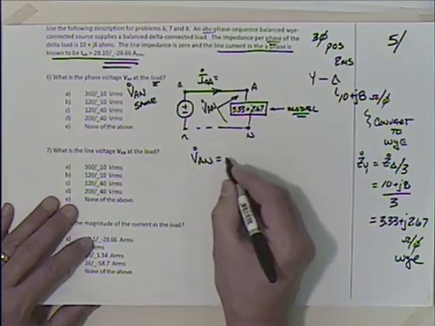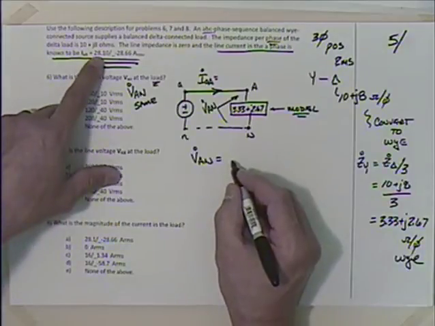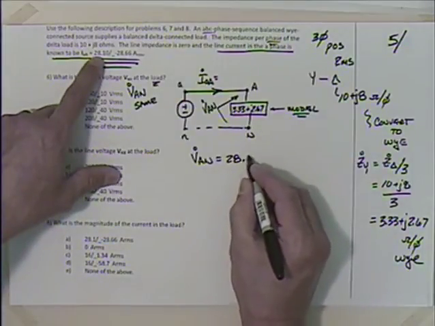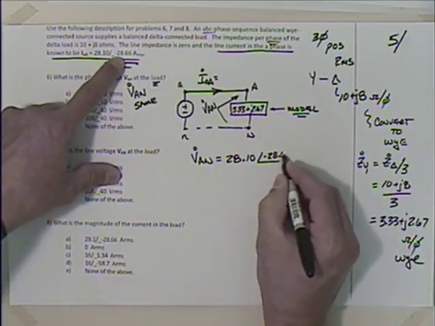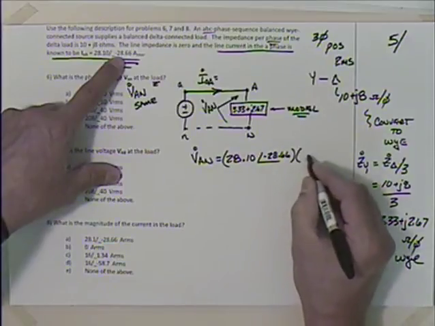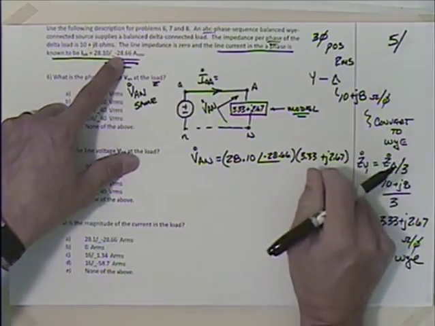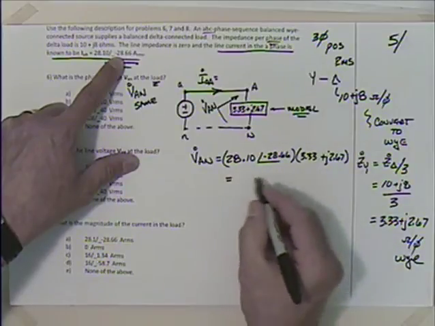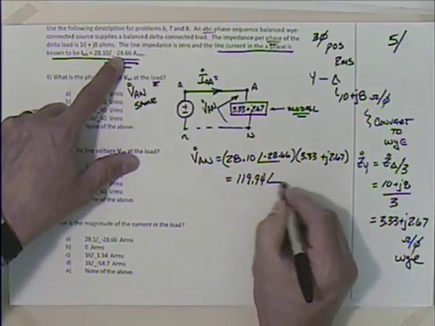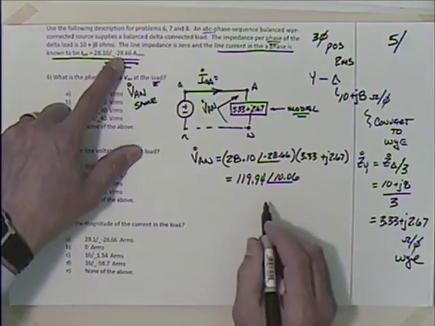VAN would be equal to, just going to take current 28.1 at an angle of minus 28.66, and I'm going to multiply that by the impedance, 3.33 plus j2.67, which gives me then, double check all this, yep, 119.94 at an angle of 10.06.